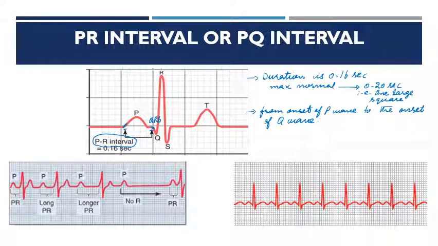But this interval is often called PR interval because the Q wave is absent in many components of 12 lead ECG. And this thing we will discuss in the next lecture, that is about the recording of electrical activity of the heart in the form of 12 lead ECG.